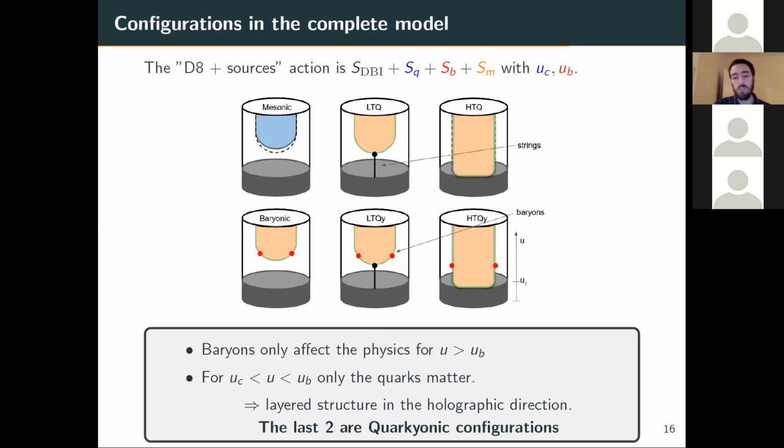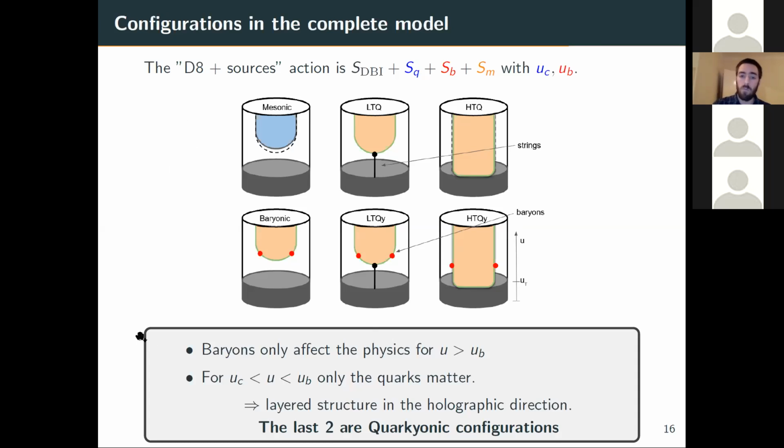And so what this gives is a holographic description, or we interpret it as a holographic description, of the layer structure in momentum space I showed you at the beginning about quarkyonic configurations. And we're going to try to interpret these solutions as quarkyonic configurations from the holographic point of view.